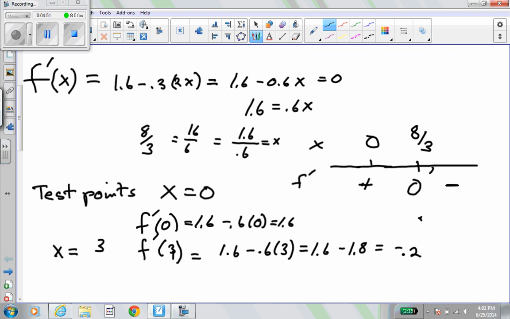So over here it's negative. It goes through 0. So this thing is increasing, has 0 slope, which is either its maximum value or its minimum value at 8/3, and then the derivative gets negative after that.